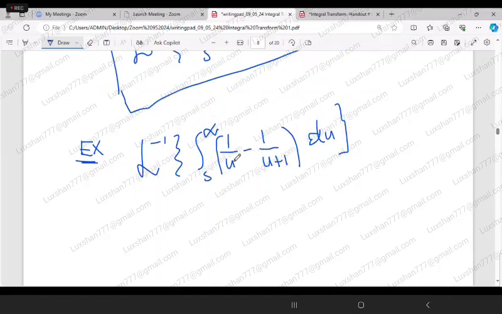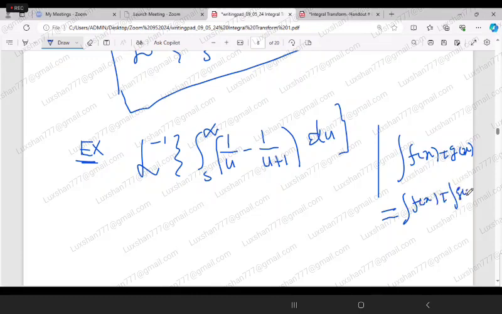So this is what we want to find. Now integration is actually linear. That means if you have integration of f(x) plus g(x), this is equal to integration of f(x) plus integration of g(x), isn't it? This is always true because the integral operator is linear.